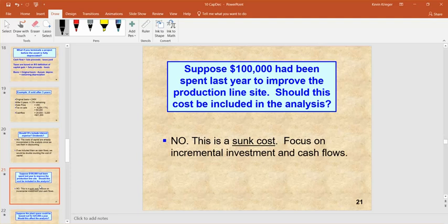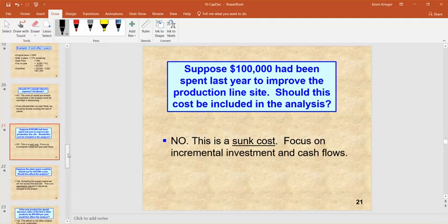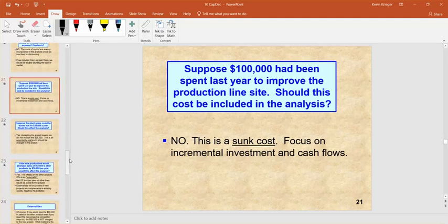Sunk costs, no, right? $100,000. This is the kind of thing where it was already done. The money was spent. A lot of times you'll hear one about commissioning a study, for example, or in this case you were maybe doing some improvement that you end up not going through with. Well, that's sad and the money's spent, but that doesn't affect your cash flow analysis because that $100,000 is already gone.